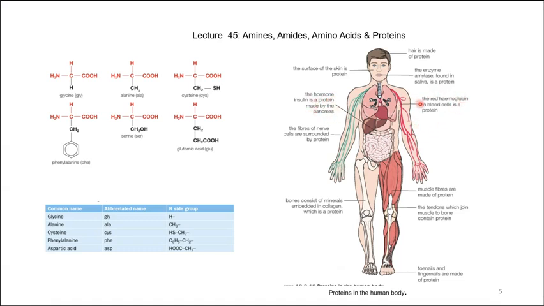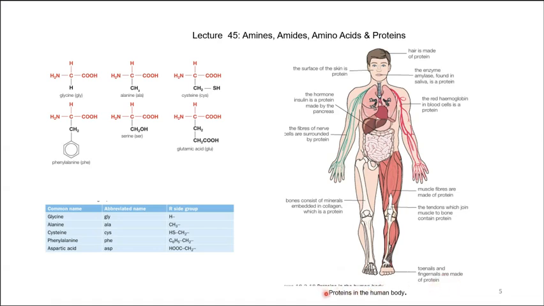The hemoglobin in blood cells is also a protein. The fibers of nerve cells are surrounded by protein. The muscle fibers are made of protein, and bones consist of minerals embedded in collagen, which is also protein. This is also muscle to bone, which contains protein. Toenails and fingernails are also made of protein.